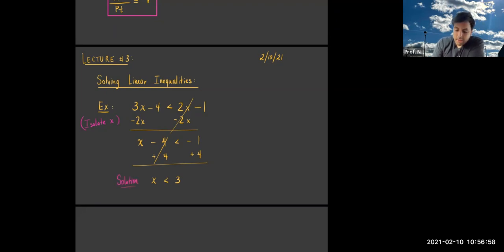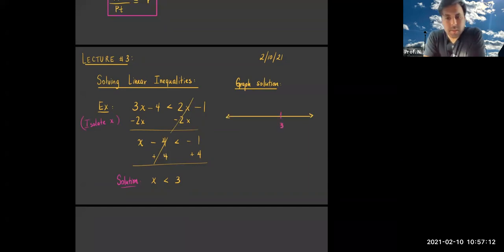Now I can graph the solution. That's one thing I could do. And when I graph my solution, what am I saying? I'm saying that x is smaller than 3, strictly less than 3.